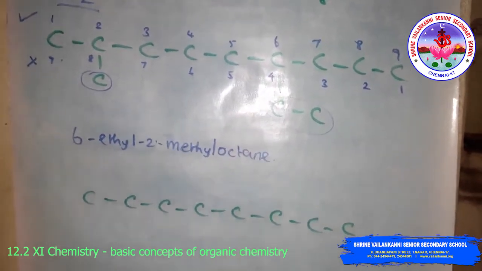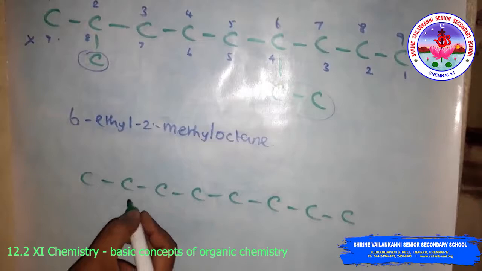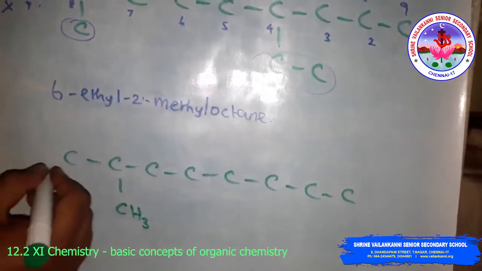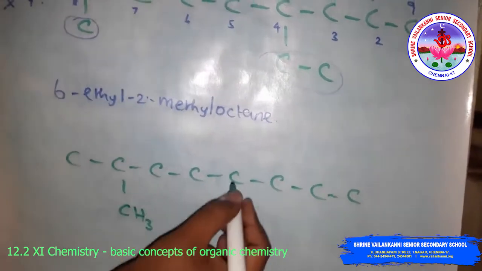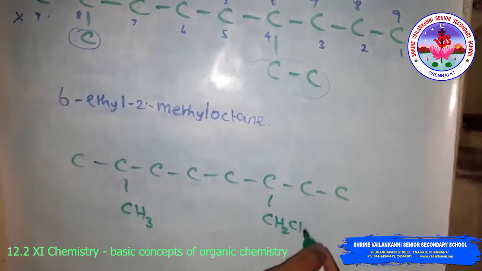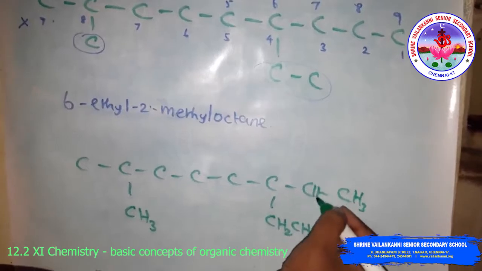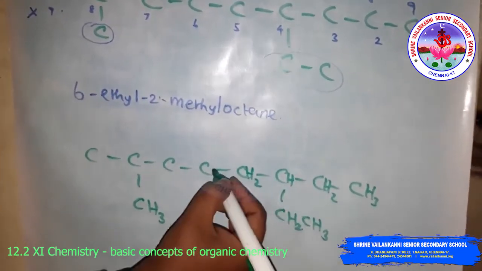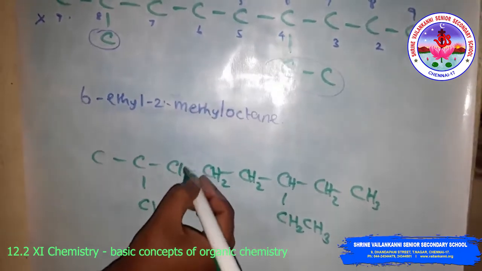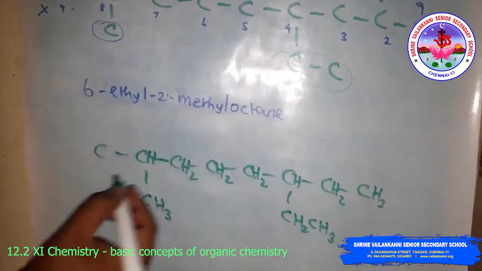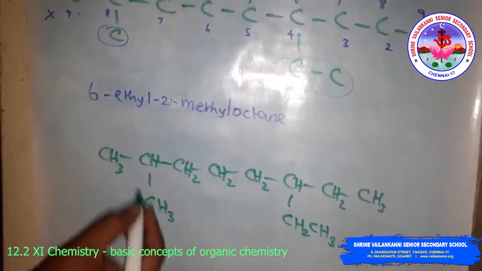So the 2nd position has a methyl, and the 6th position has, counting 1, 2, 3, 4, 5, 6, an ethyl. The remaining you have to write like this: CH, CH2, CH2, CH2 and CH, CH3.